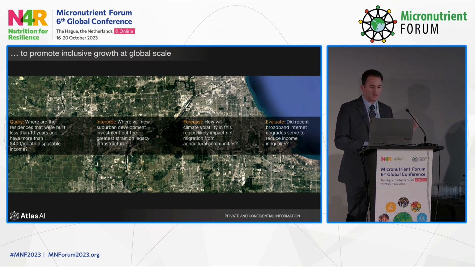And we just published a really exciting paper at the end of last year that demonstrates that using Atlas AI's wealth data, an organization can attribute impact to changes in household wealth from distributed infrastructure investments. In that context, it was a rural electrification program in Uganda.